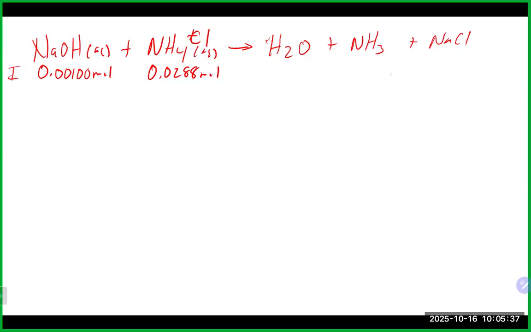We don't have to worry about water. We don't really have to worry about sodium chloride because it's a neutral salt. And really important, and where sometimes people will screw up, remember that we do need an initial number over here, otherwise this is not a buffer, right? So if you don't put that initial in there, you're not really doing a buffer, you're doing a titration type of thing.